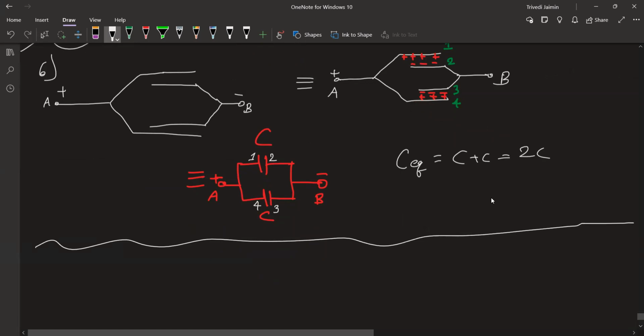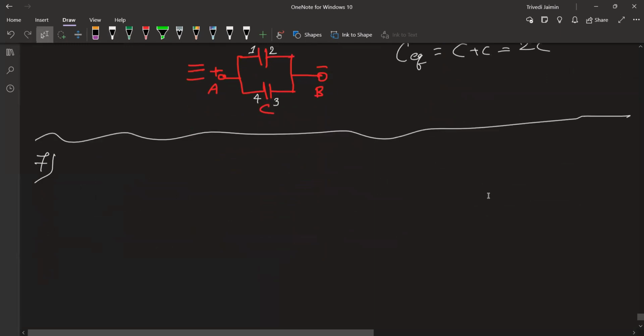Last one, a bit complicated. It is overlapping. This is here plus A, B minus.